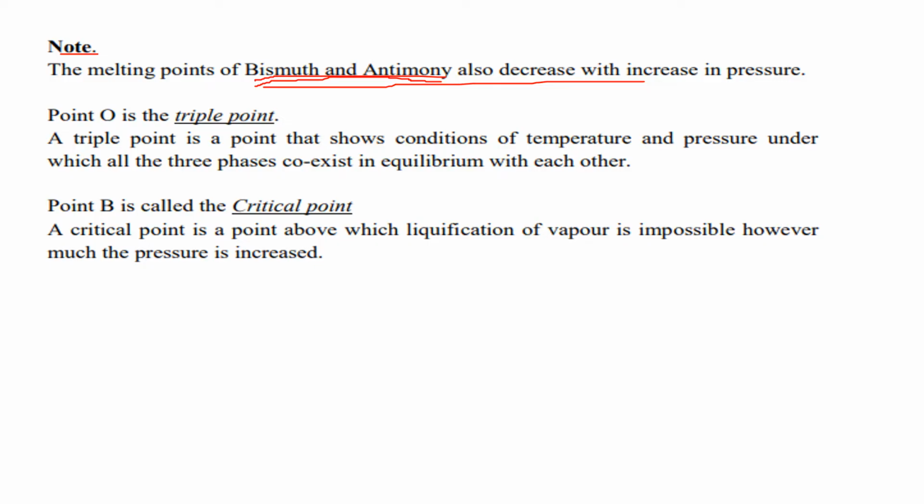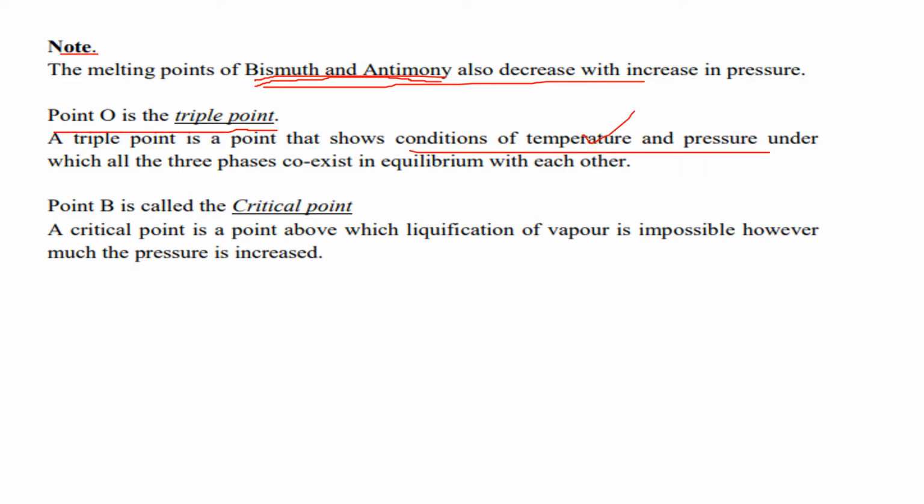So proceeding, we have the point O, and I've told you point O is always a triple point, like I already explained. Refer back to your diagram, and you're saying that a triple point is a point that shows conditions of temperature and pressure. We may ask you for the definition of triple point. Like I said earlier on, physical equilibria, in all your definitions, we expect conditions of temperature and pressure.